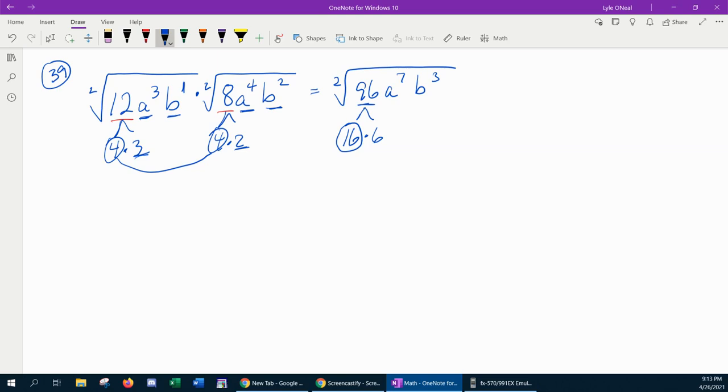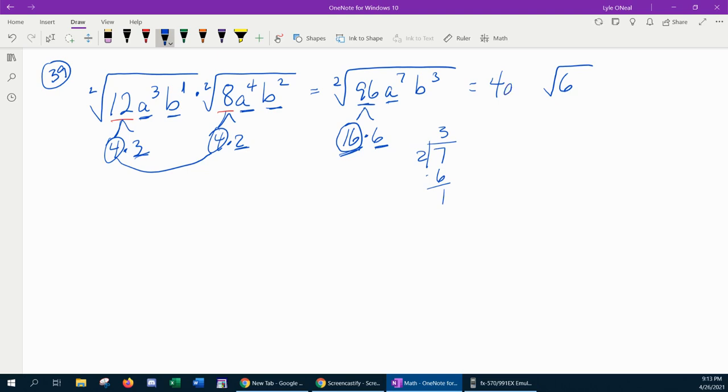For the variables, we're going to divide. All right, so here we go. Final answer, taking the square root of 16 gives me a 4, and the 6 is going to be left under the radical. Then for the a's, we're going to do 7 divided by 2. 2 goes into 7 3 times with the remainder of 1.